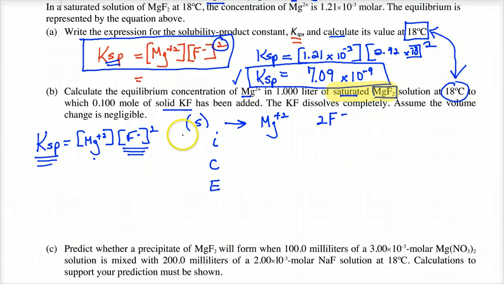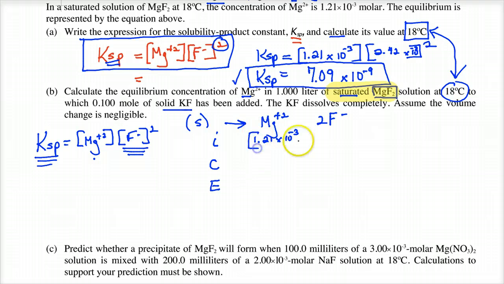All right, well, initially, how much Mg²⁺ do we have? Well, that's easy. Based on what we have here, we have 1.21 times 10 to the negative 3 molar.